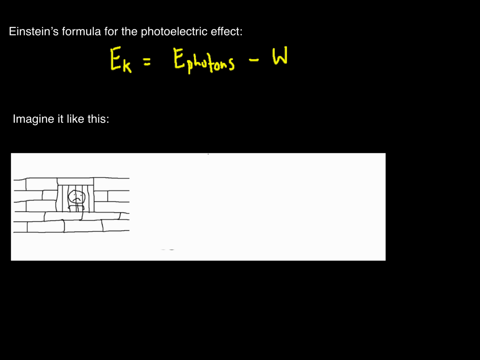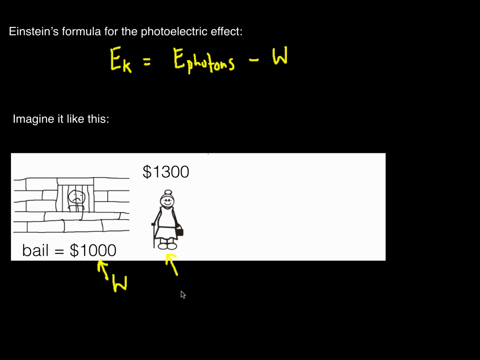Imagine that you're in jail, which means you're trapped behind bars, and your bail is set at $1,000. The bail is like the work function of the metal. Your grandma comes along, and your grandma loves you so much, she brings $1,300. This is like the energy of the photons that fall on the metal where the electrons are trapped.